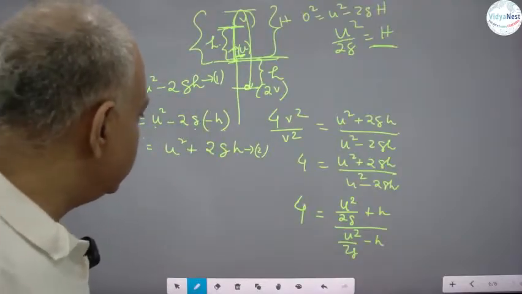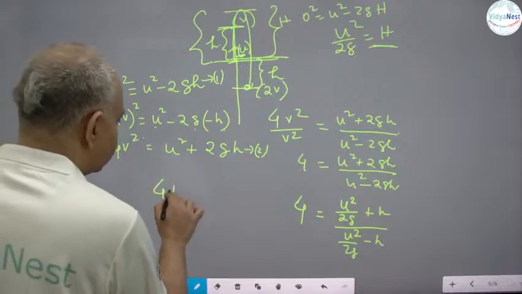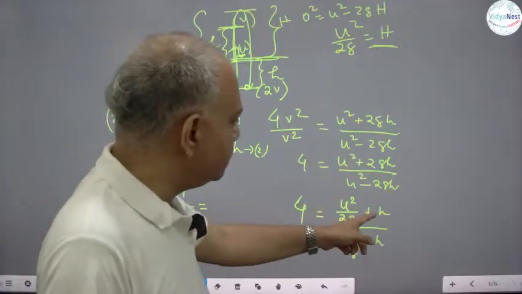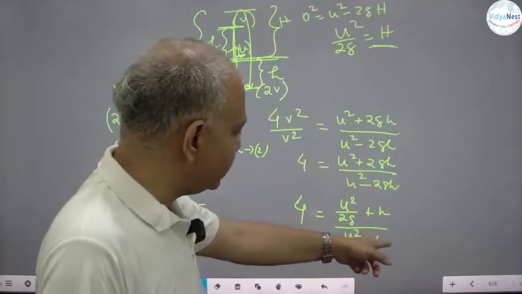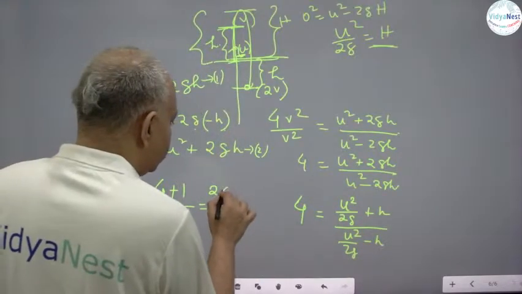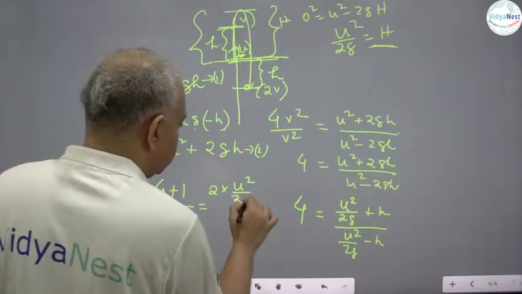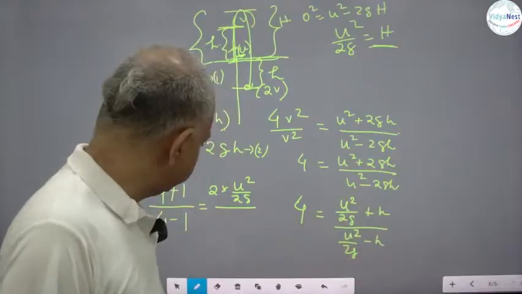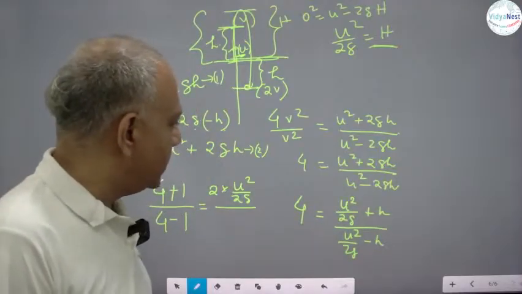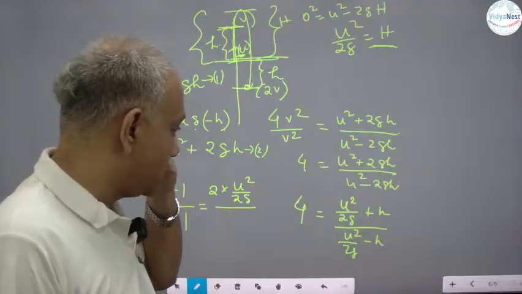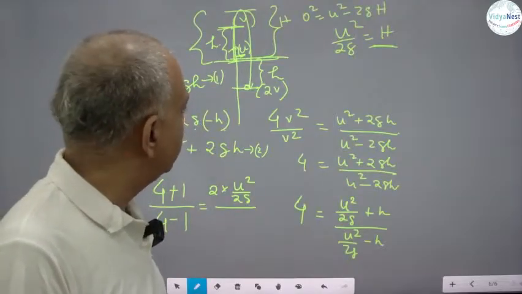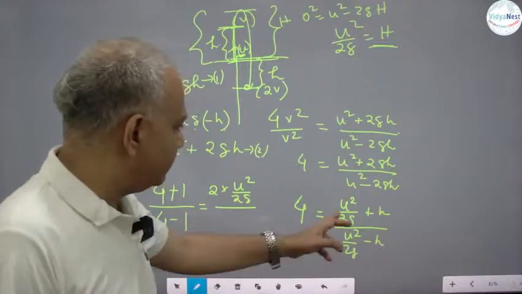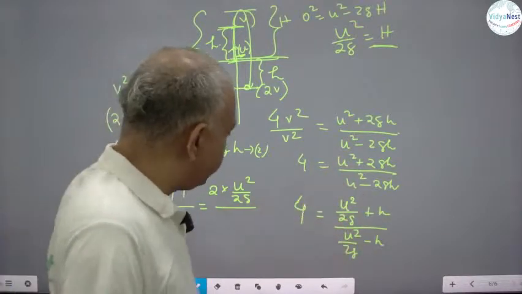Now we can use componendo and dividendo: 4 plus 1 divided by 4 minus 1. Similarly, u square by 2g plus h plus u square by 2g minus h, over u square by 2g plus h minus u square by 2g plus h.